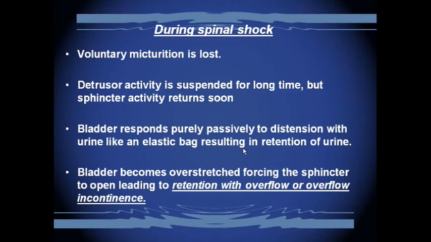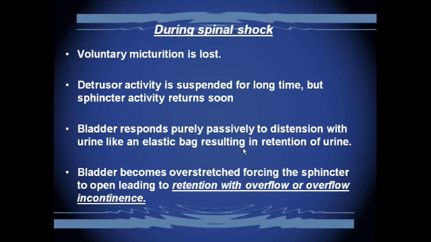The other condition is spinal shock. Voluntary micturition is lost. Detrusor activity will be suspended for a long time after spinal shock, but sphincter activity will return earlier. So the bladder responds purely passively to distension with urine, like an elastic bag, causing retention of urine.